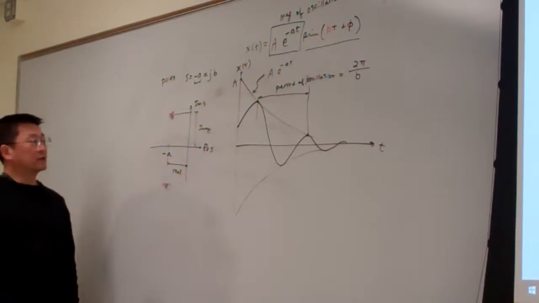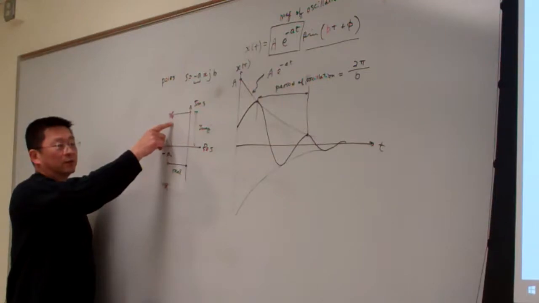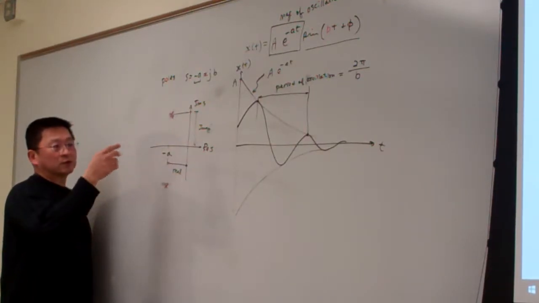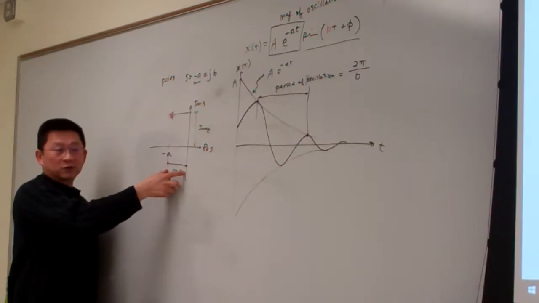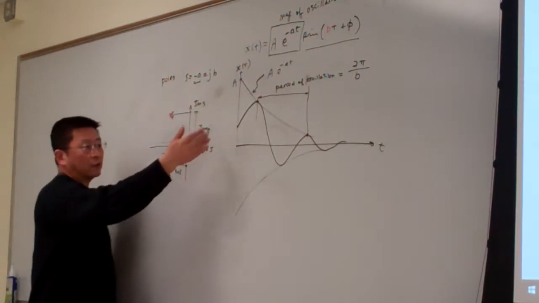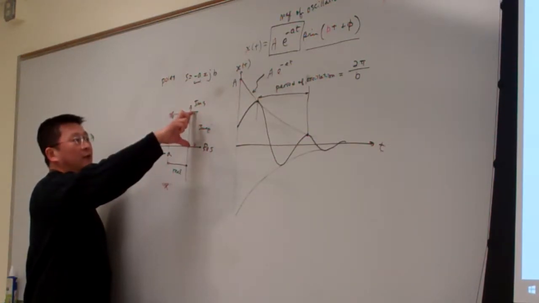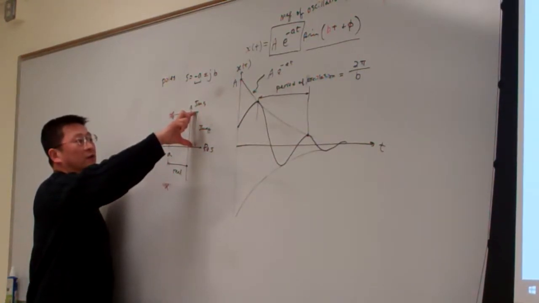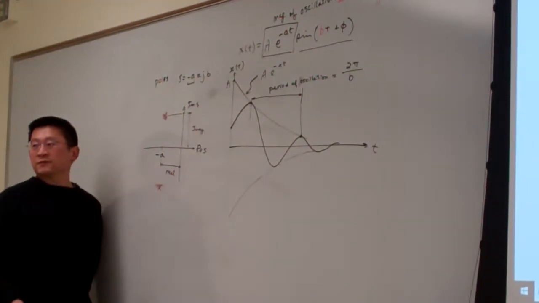So from here, by simply looking at the locations of the poles in the complex plane, we can pretty much get a feeling. Basically, the size of the real part, which is negative, tells us how quickly the decay would be. The magnitude of this one tells us how quick the oscillation would be.